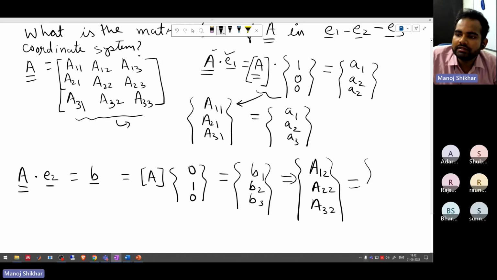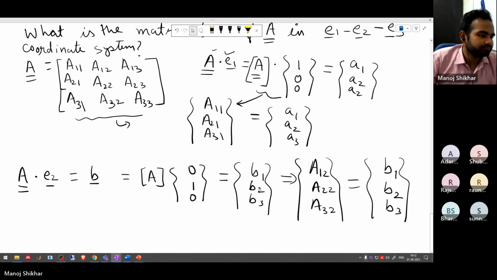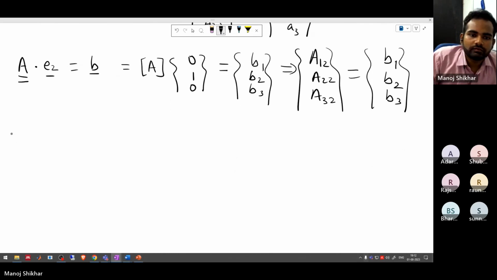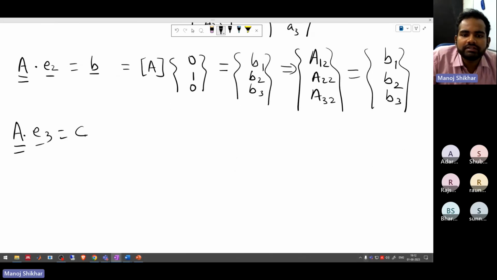So you will get it as B1, B2, B3. Similarly, A dot E3, I will write it directly here, is C vector.